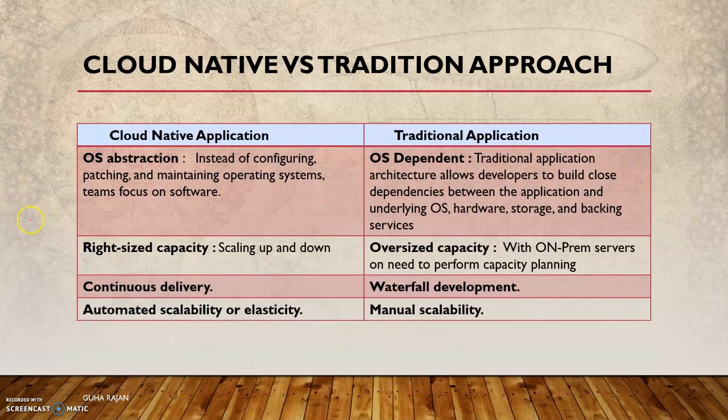This chart will make it much clearer: cloud native application and traditional application. It is independent of the operating system, so developers can focus on development instead of configuration, patching, and maintenance of the operating system.